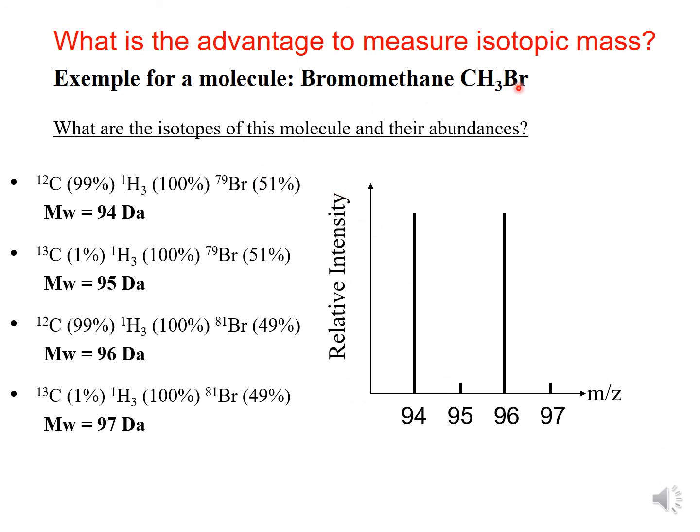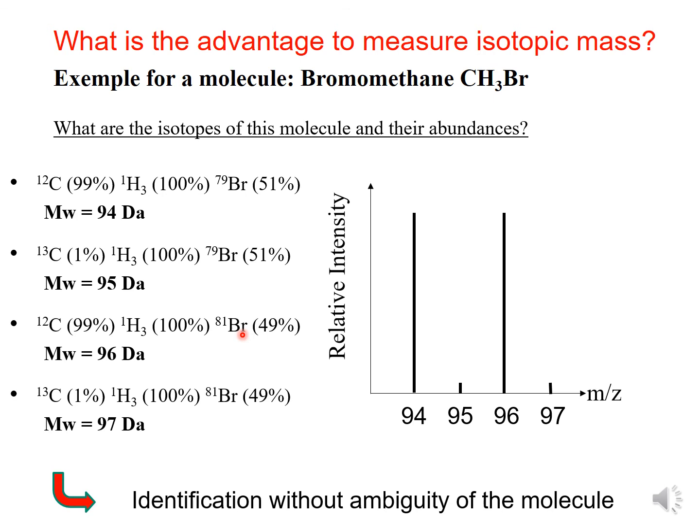It is not possible to have this molecule and to have another isotopic profile. The fact that we have a bromide is shown here by these two peaks, which correspond to the 50-50 proportion of bromine 79 and bromine 81. So we have the identification of the molecule without ambiguity.